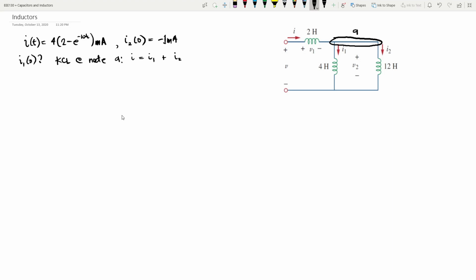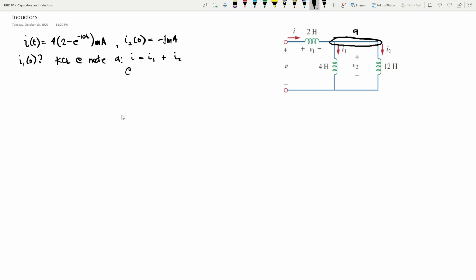Now we are given the initial value of I2, and we are given the equation for I of t. So we can solve for the value of I of t at t equals 0, or at the initial time.